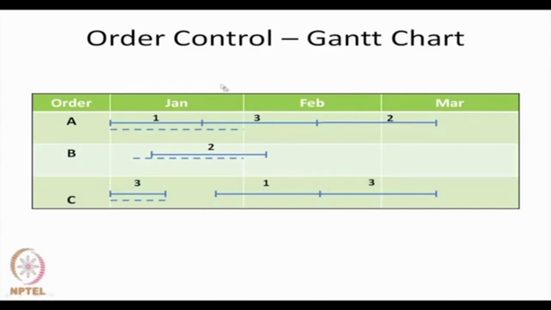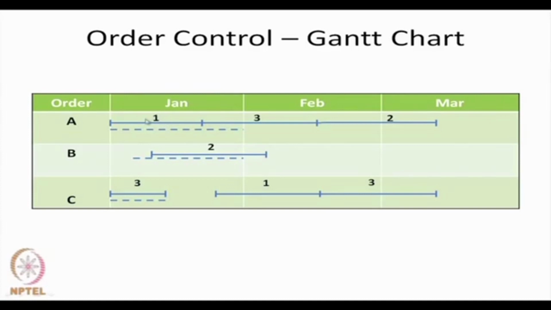So, this is usually called order control chart. Once we know that order A work is delayed, the production manager can now go into the details of why it was delayed in machine 1.